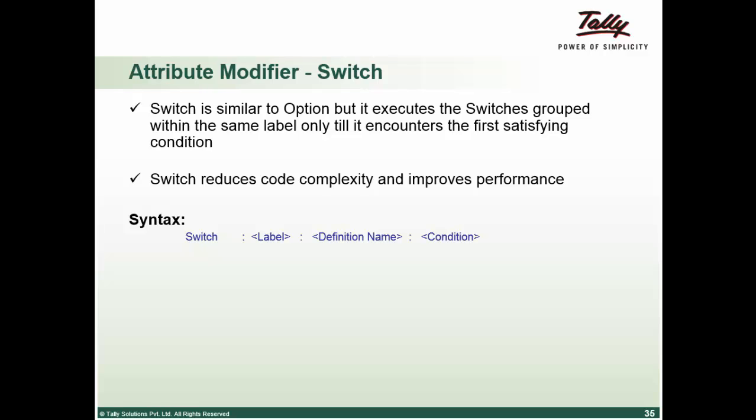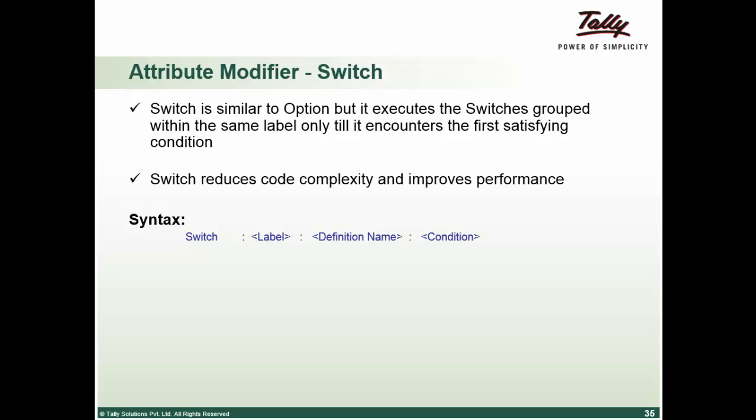The attribute switch can be used in scenarios where evaluation is carried out only till the condition is satisfied. So the moment the condition is satisfied, the rest of the conditions in the list will not get executed at all. Apart from this, the switch can also be grouped by using a label.